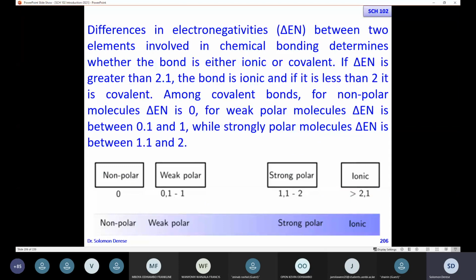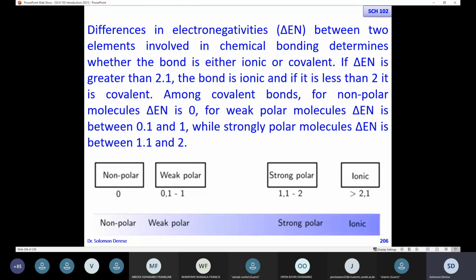So differences in electronegativities, delta EN, between two elements involved in chemical bonding determines whether the bond is ionic or covalent.